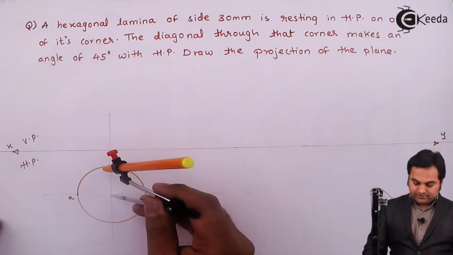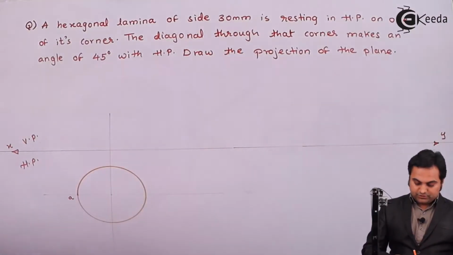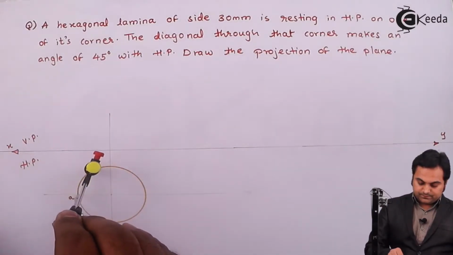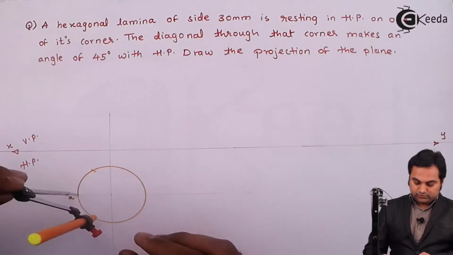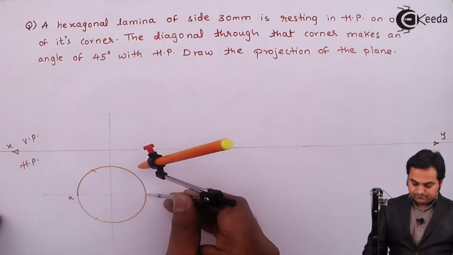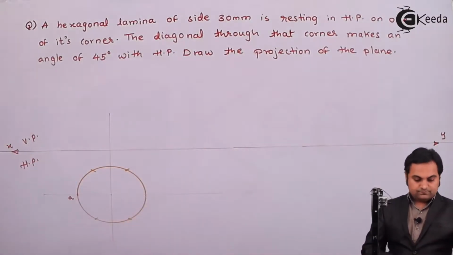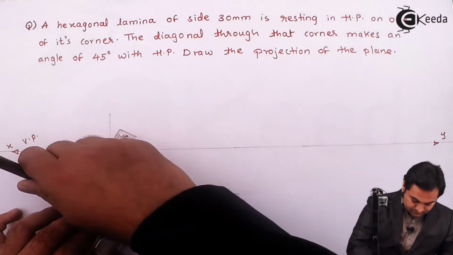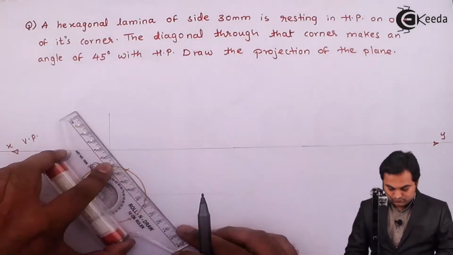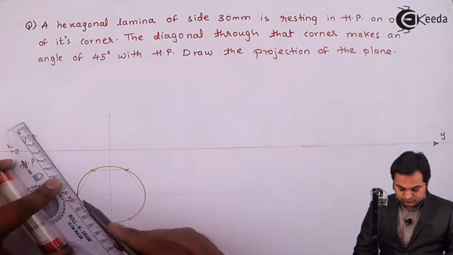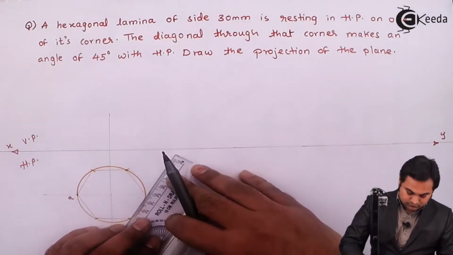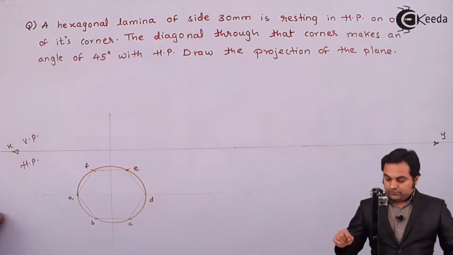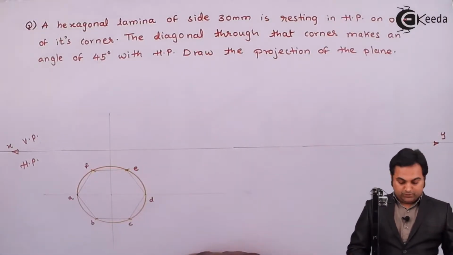Now keeping the same 30 mm, I want this corner here. So from here I'm going to cut this circle at two locations. Joining all the points in order. So this is the hexagonal plane as looking from the top.